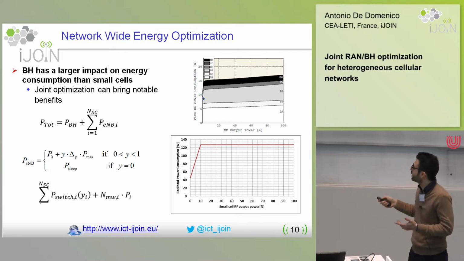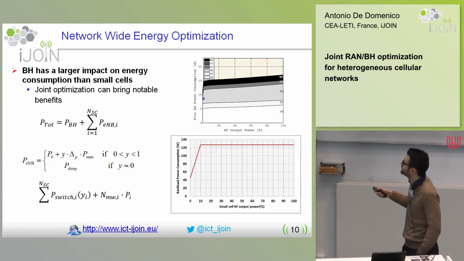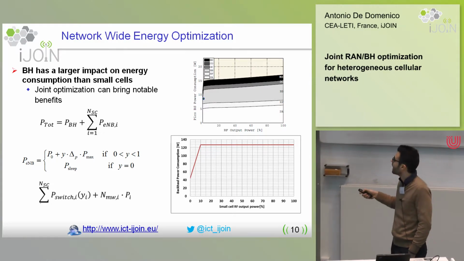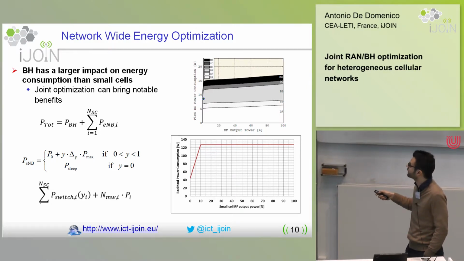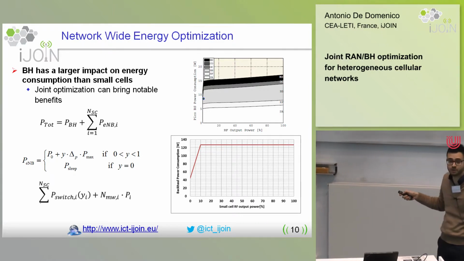And in the same way at the backhaul, you have some contribution that is due to the link between the small cell and the neighboring elements, and to the number of antennas that are used at the small cell for the backhaul, plus the contribution of the switches at the small cell.